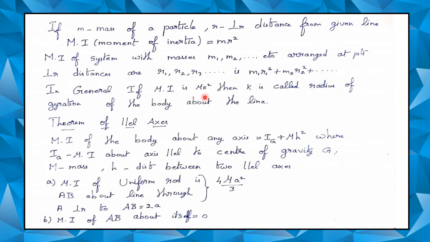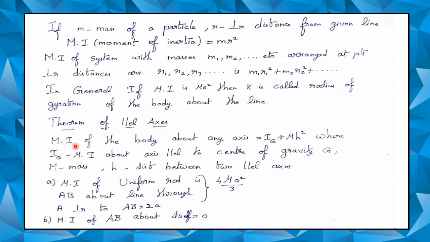In general, we can denote this by the expression capital M k square, and we call k the radius of gyration of the body about the line. And there is an important theorem called the theorem of parallel axis.